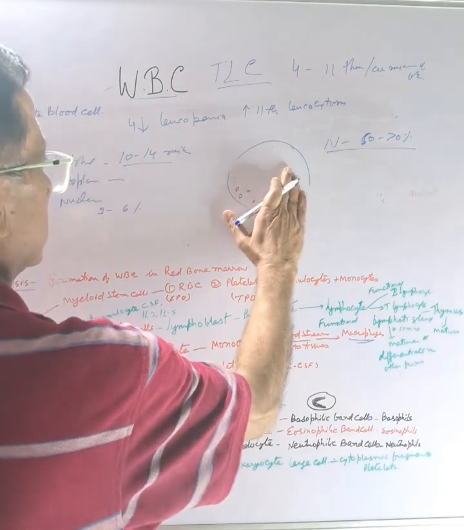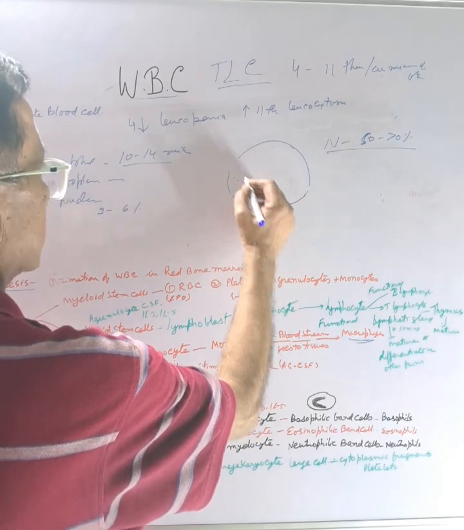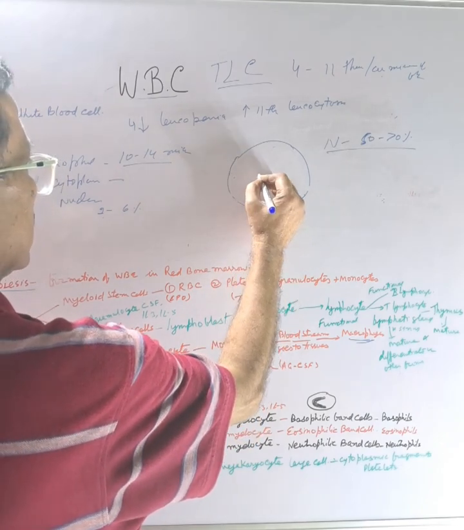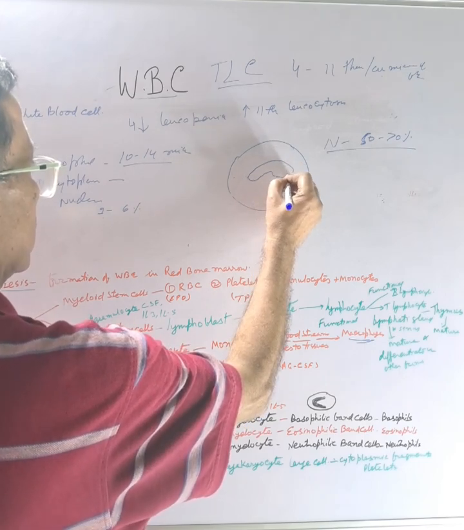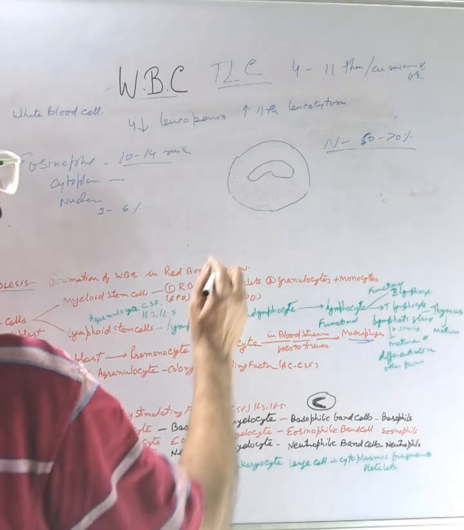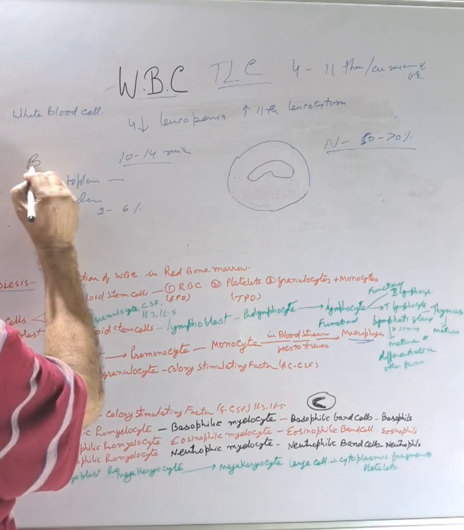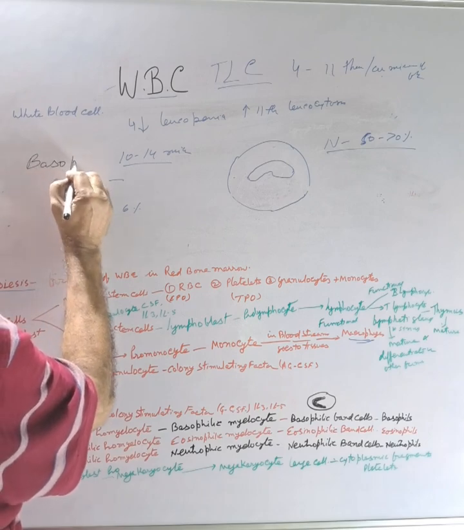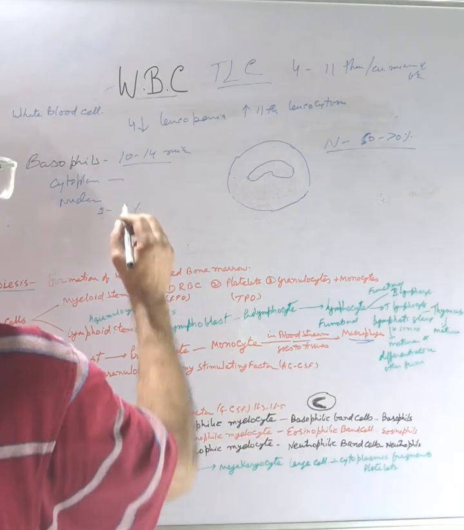Now basophil. Basophil nucleus is bilobed, but it is not very clear. Size is 10 to 14 micron.